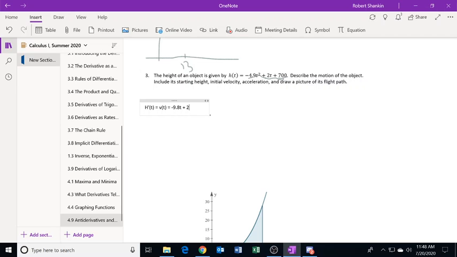Notice, so that's the velocity. Initial velocity, we usually just say v when t is 0. If you stick 0 in for the t in this equation, you'll get 2. It tells you the initial velocity was indeed 2. And the initial height, h0, was 700. That's the initial height.